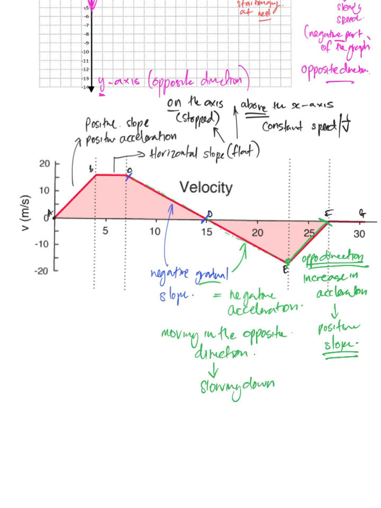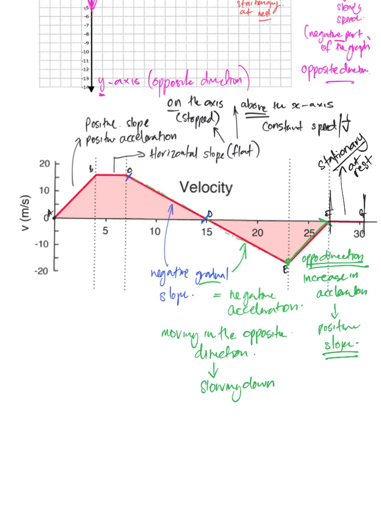Then we got the last little bit there, and the last bit is from F to G in this little zone here. And because it's on the line and I said it's flat, it means it is stationary or at rest.